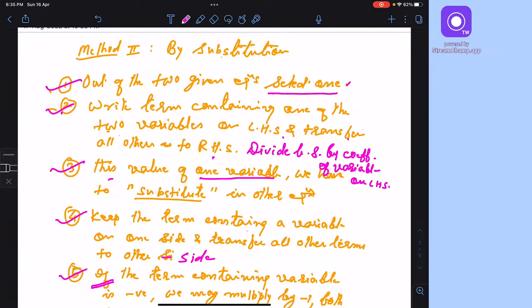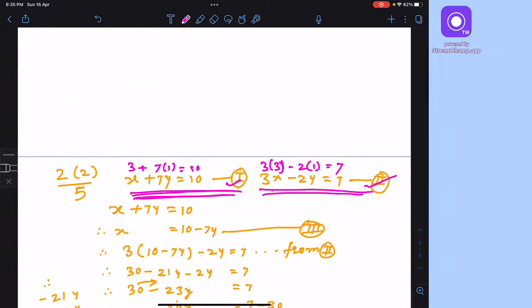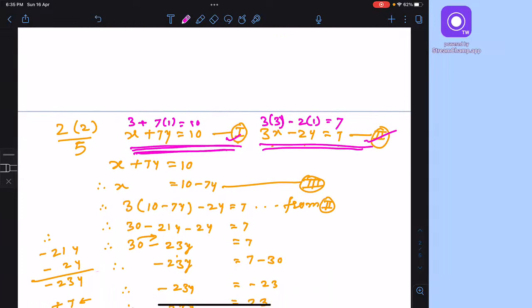When I am saying this, a student may keep x on the left hand side and y on the right hand side, or he can put y on the left hand side and x on the right hand side. So there are two ways again for that. So total 4 ways. I have shown you 2 ways. You can try all other remaining ways also. So if you want practice, you may do most of the sums by different methods. It will give you practice.